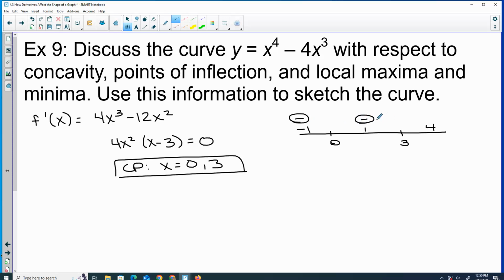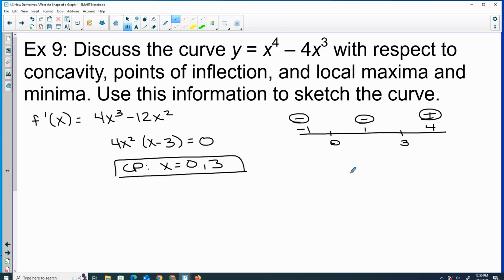Why did I get the same sign twice in a row? Because it was a square that multiplied. Don't just assume you always alternate signs. There are different things that could make us get the same sign twice. If I put in a 4, we get positive.